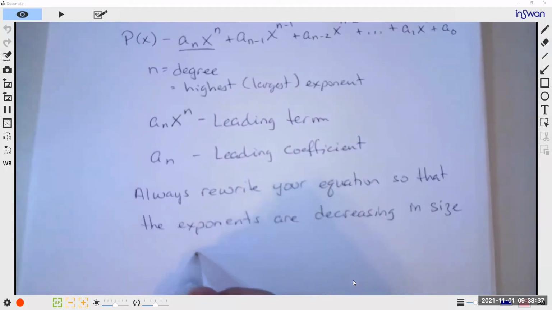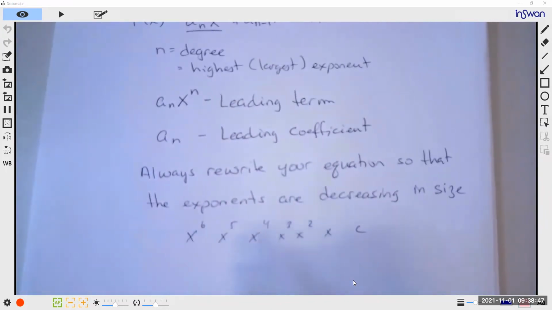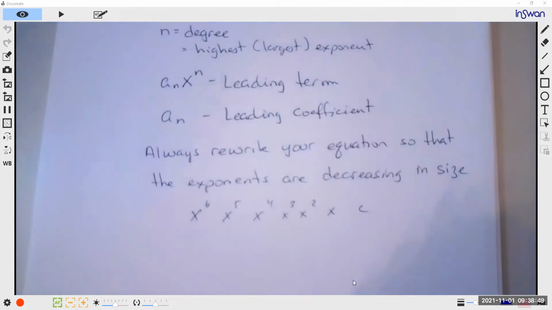So for example, the exponents go 6, 5, 4, 3, 2, 1, and then the constant number. So always put them in decreasing order.